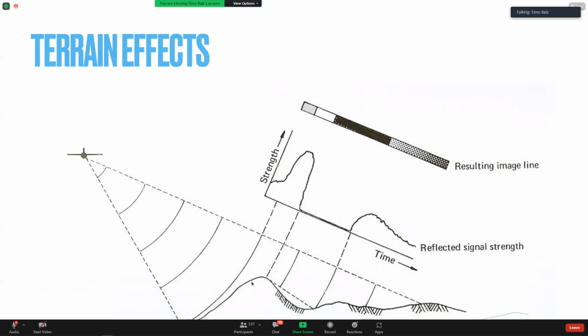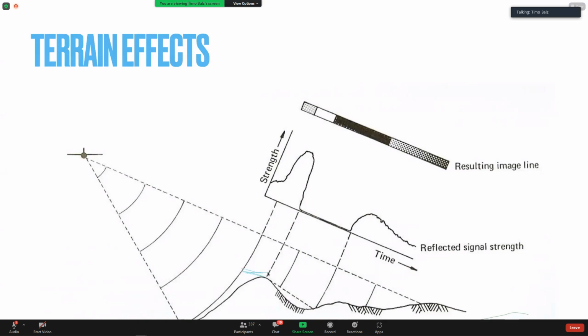Actually, there's another reason why this area here gives you quite a strong reflection. There are two reasons behind that. Number one, as I mentioned, the angle is very close, so you see a larger area here. It's more like a mirror direction going back. The other reason is the foreshortening effect that I mentioned before.